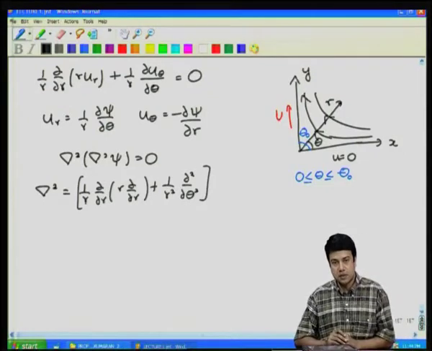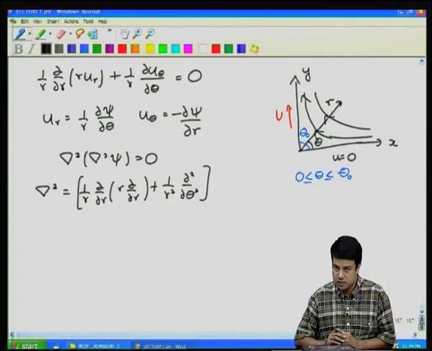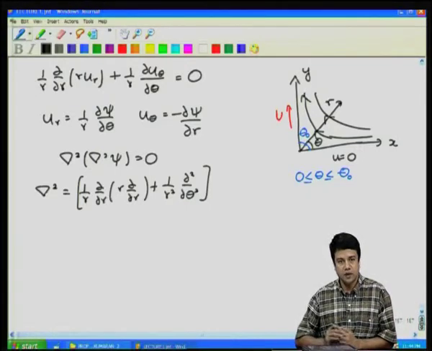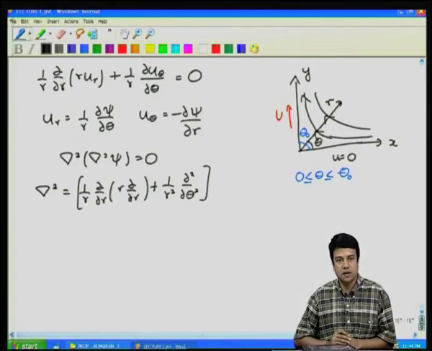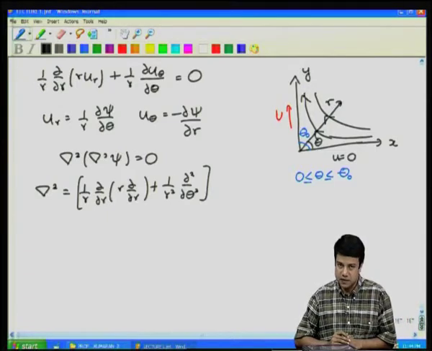That is the Laplace operator in the polar coordinate system. You have to operate 2 times in order to get the biharmonic operator. So, I have to solve this equation in order to obtain the stream function psi.